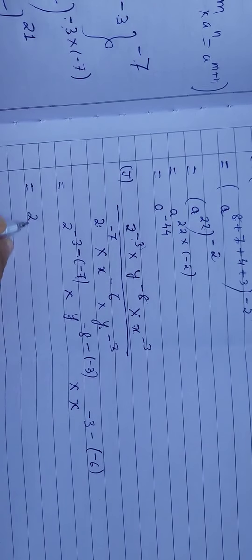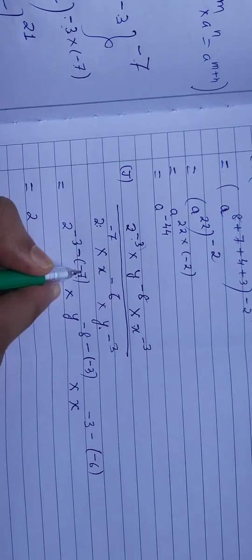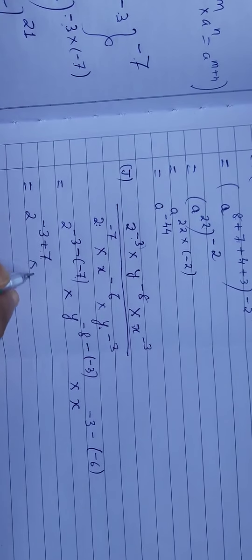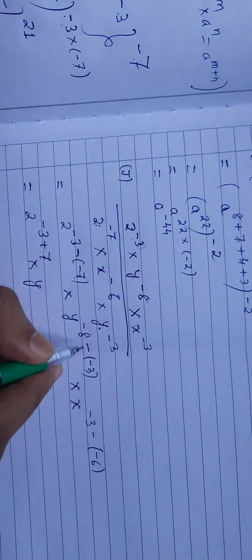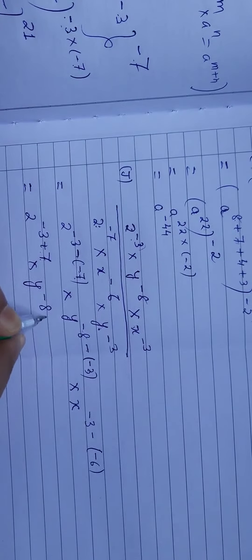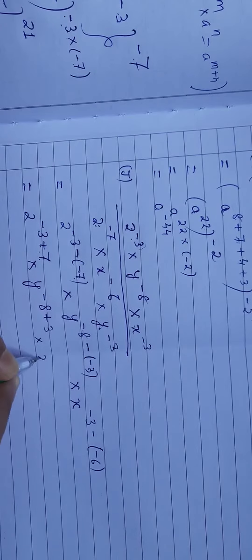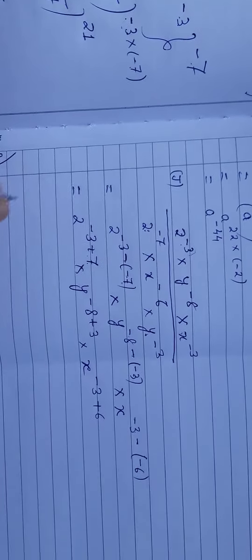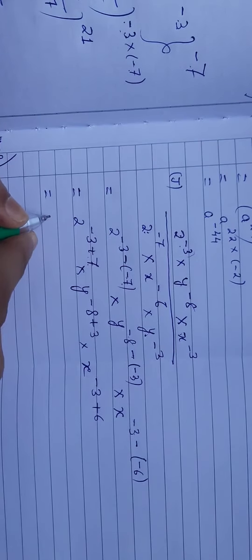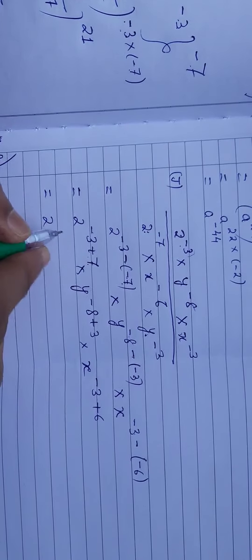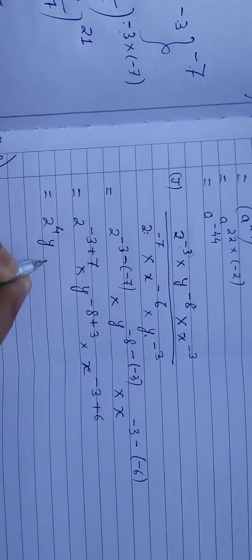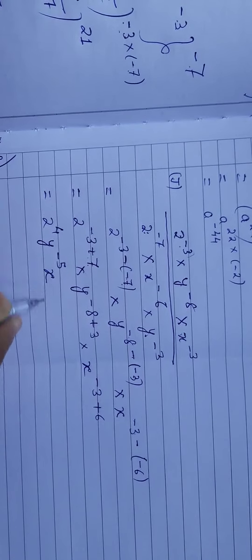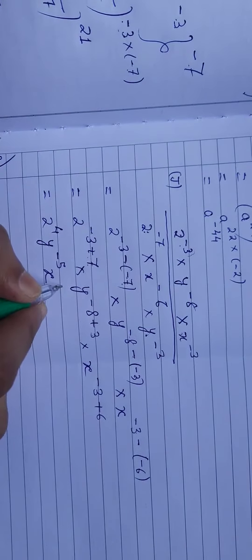Which equals 2 to the power minus 3 minus and minus plus, so it becomes minus 3 plus 7, into y to the power minus 8 minus and minus plus, so it becomes minus 8 plus 3, into x to the power minus 3 minus and minus once again plus, so it is minus 3 plus 6, which equals 2 to the power minus 3 plus 7, which is plus 4, y to the power minus 8 plus 3, which is minus 5, x to the power minus 3 plus 6, which is plus 3.